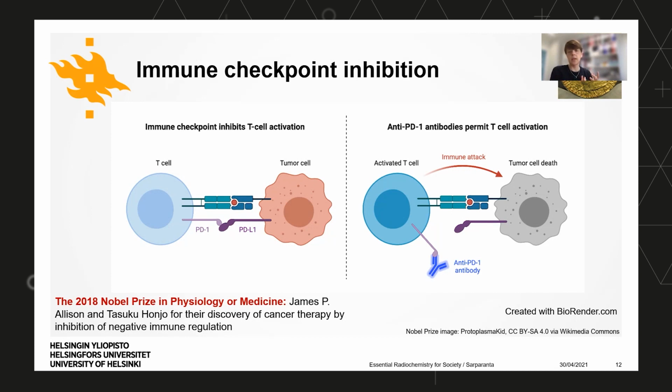So what Allison and Honjo discovered was that you can actually use neutralizing antibodies to prevent this PD-1, PD-L1 interaction from taking place.